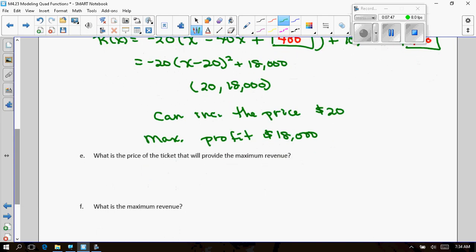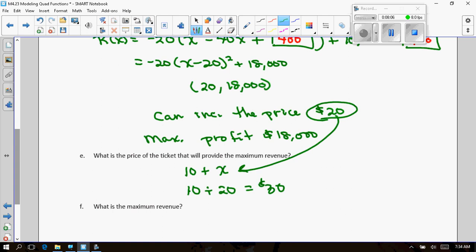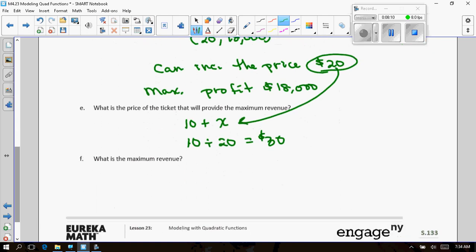So what should they charge for the ticket price? Well, go back to part A. Part A said it was 10 plus x. x is our number of increases, so 10 plus 20, we have $30. They should charge $30, and they'll make $18,000 in profit.